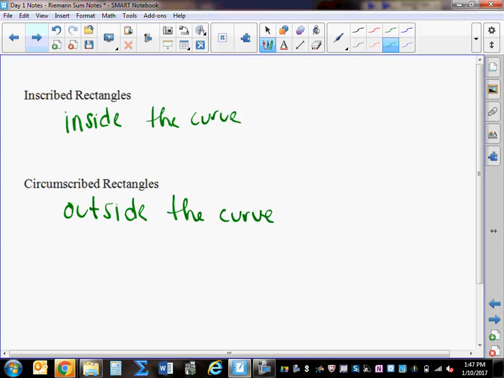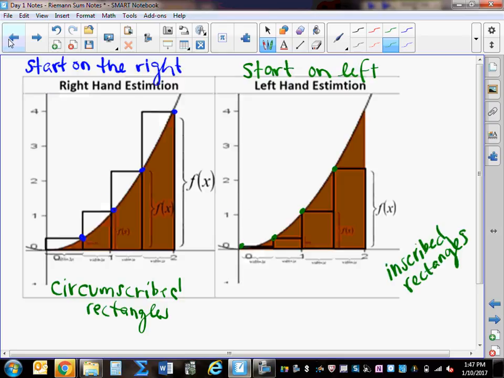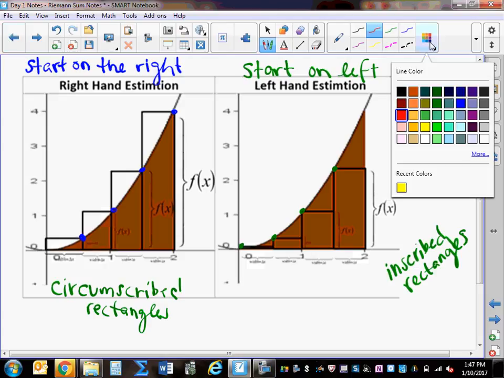Now, something interesting with this, I'm going to go back to this here. So we see we have right hand and we have left hand. Would you agree with me that if I were to actually go for the midpoint in between, let's change this color.